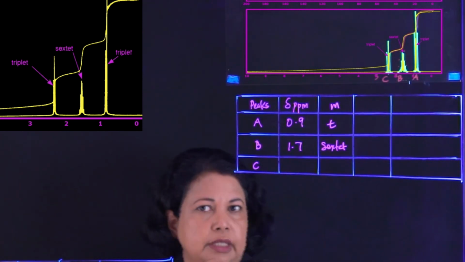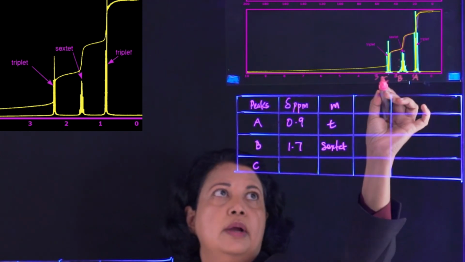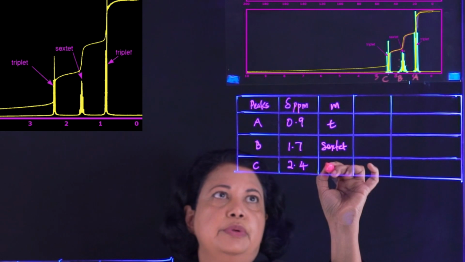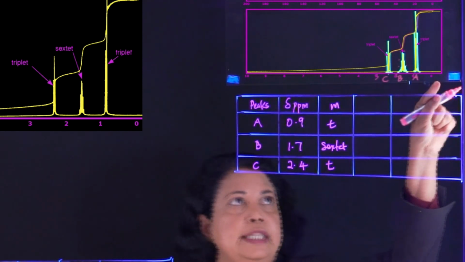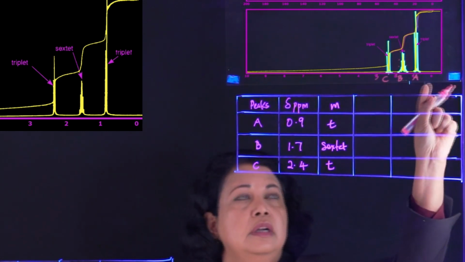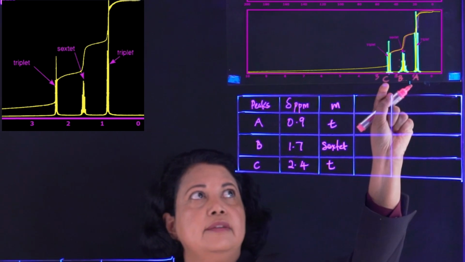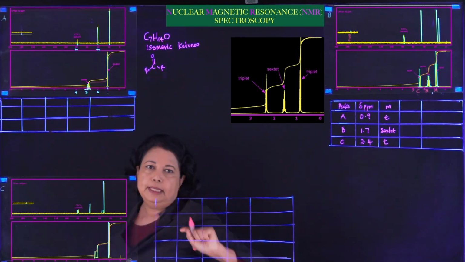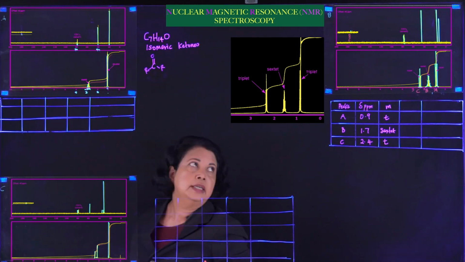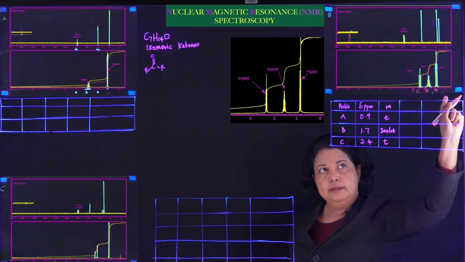And we've seen those before. And over at C, which is at 2.4, you see a beautiful triplet again. Now, in terms of de-shielding here, you know that C is the most de-shielded. Therefore, it's probably the one closest to the carbonyl. These are going away from the carbonyl.